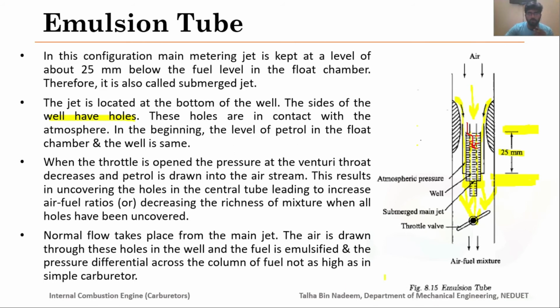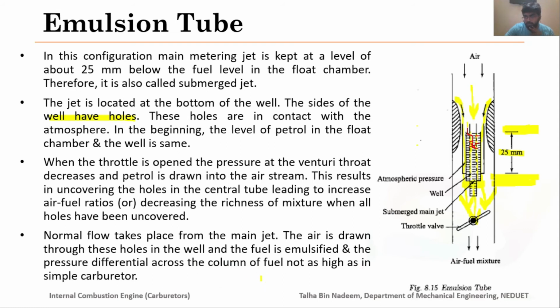So normal flow takes place from the main jet. The air is drawn through these holes in the well and the fuel is emulsified, and the pressure difference across the column of the fuel is not as high as in the simple carburetor.